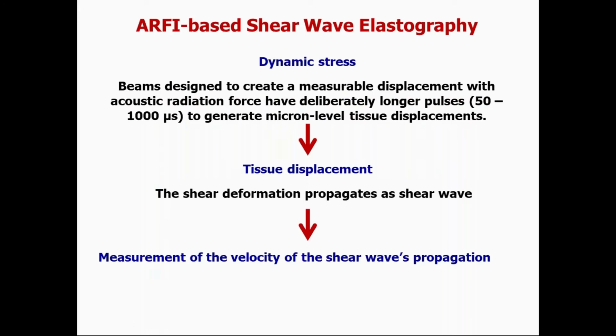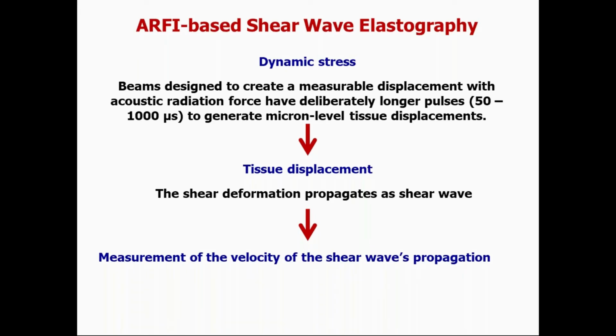When we use the force of the ultrasound beam, this is the stress that is used to create a displacement with the ultrasound, and these beams have a pulse that is longer than the pulses used for the beam of the image.